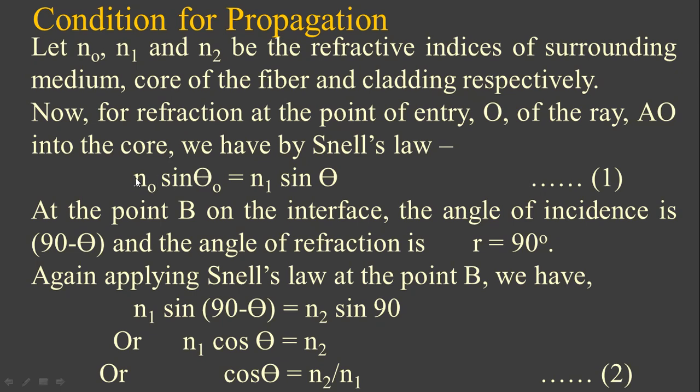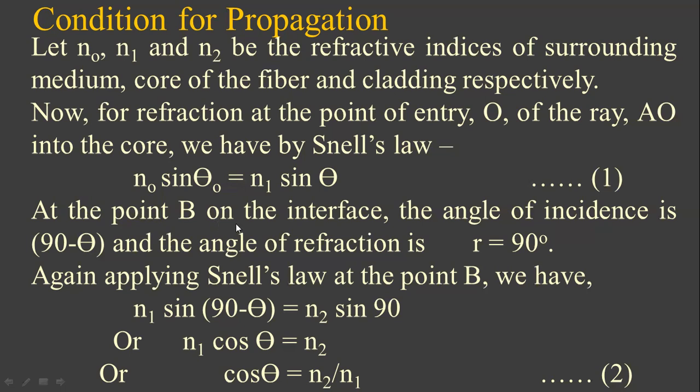Here N naught is the refractive index of air, whereas N1 is the refractive index of the core. Theta naught is the acceptance angle, and theta is the angle of refraction inside the core. This is equation 1.